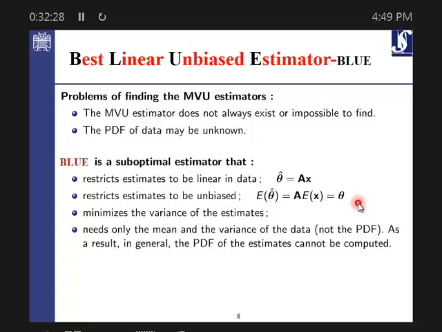Then you try to find such an estimator, linear, that gives you the minimum variance. This estimator has the advantage that it only needs the mean and the variance of the data and doesn't need the entire PDF of the data.